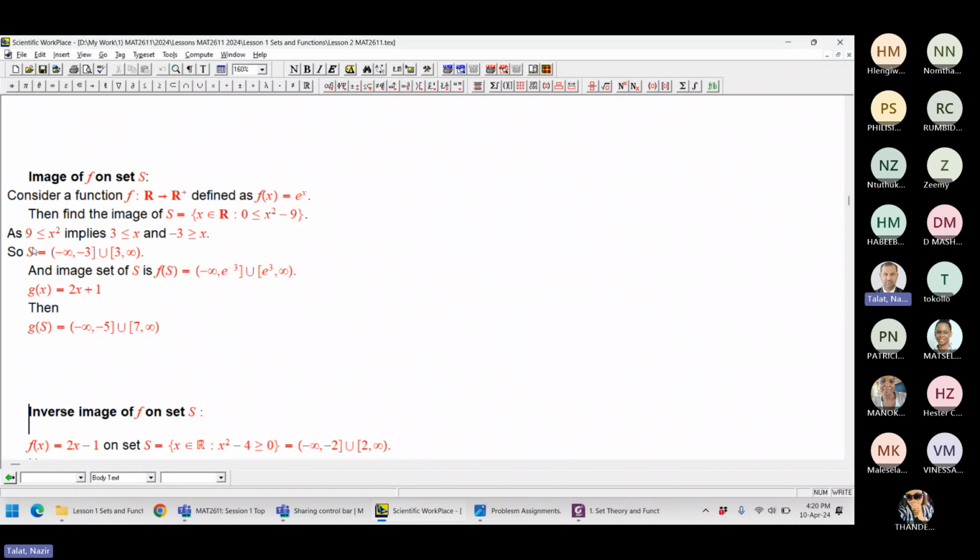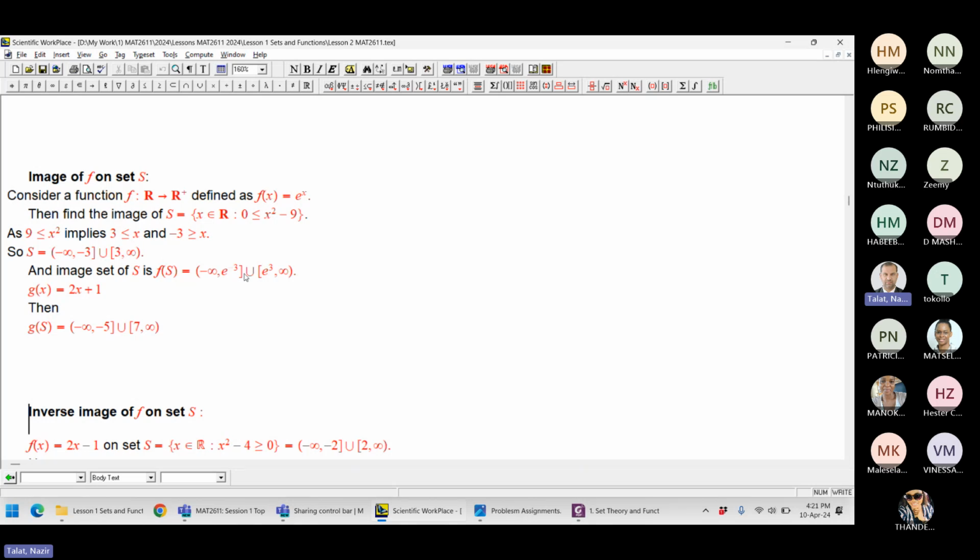So S is the set from minus infinity to minus 3, where minus 3 is included, union 3 to infinity, where 3 is also included. This is the set S.